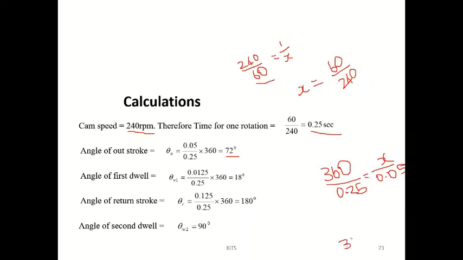Similarly, once again 360 divided by 0.25 equal to.